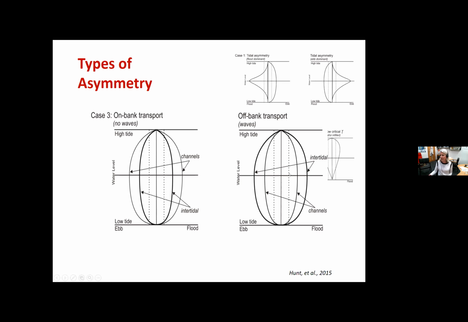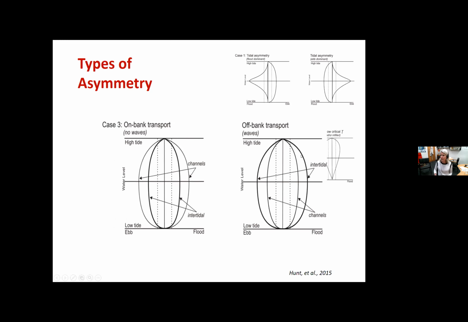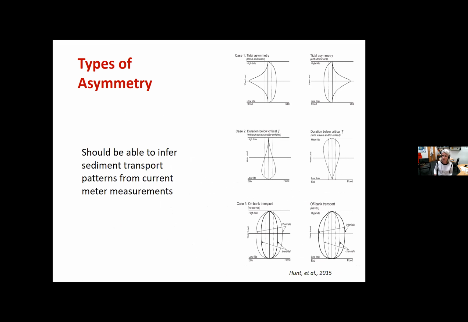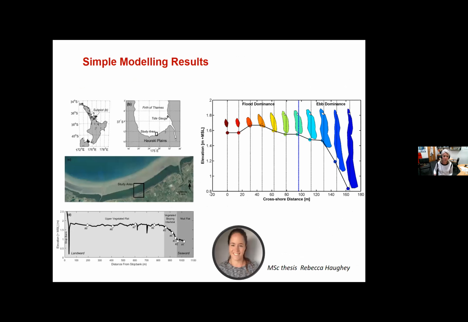And in the right-hand case here, you would get scouring in the channel, and then it wouldn't settle on the high intertidal. So the idea is that you can use the shape of these tidal stage plots to infer the patterns of sediment transport that you might experience over an intertidal region.